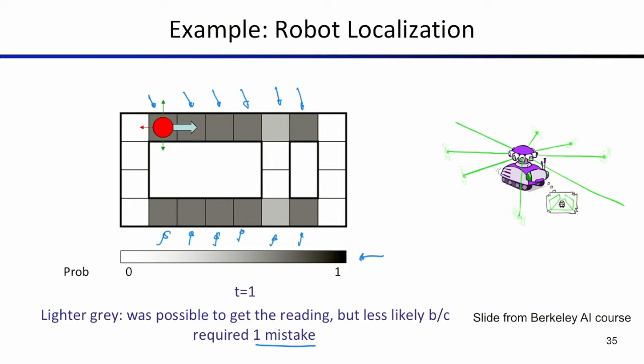For instance, if I have a robot here, this reading on the top is compatible because it found a wall. This would be a mistake, but these 2 readings here are also compatible with the reading that we had. So these 2 states would require 1 mistake in terms of the reading, so they are less likely, but still possible. They are marked with this light gray.